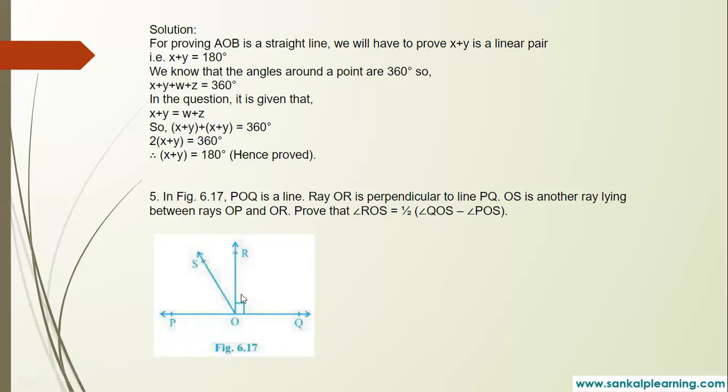When two lines are perpendicular, we should know that the angle is 90 degrees. We call lines perpendicular when the angle between the two lines is 90 degrees.